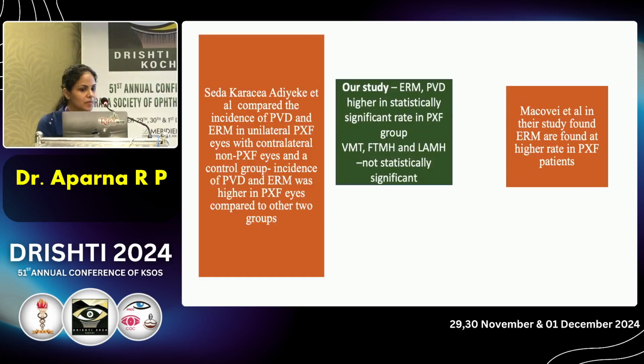In a similar study by Seda et al., where they compared the incidence of posterior vitreous detachment and epiretinal membrane in unilateral pseudoexfoliative eyes with a contralateral eye and another control group, they found the rates are higher in the pseudoexfoliation group. In another study by McAvey et al., they found that epiretinal membranes are found at a higher rate in pseudoexfoliation patients. And in our study, we analyzed all the vitreoretinal interface disorders, and we found epiretinal membrane and posterior vitreous detachment are found at a higher rate in the pseudoexfoliation group.